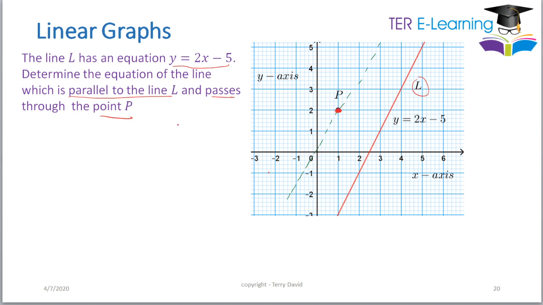So here's the thing. We know the equation of L, right? The equation is y equal 2x minus 5. So we know that the gradient of L is equal to 2, right? That's the gradient of L. Can somebody tell me what is the gradient of the line that we want to work out? Let's call it L2.